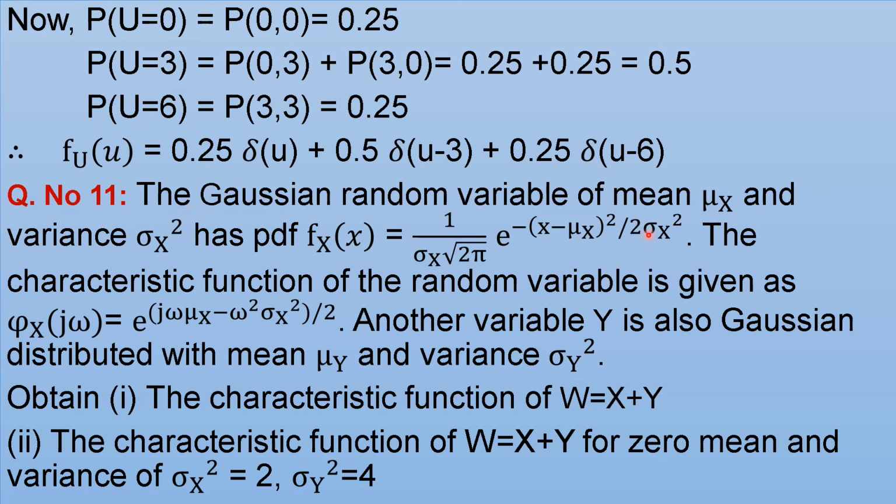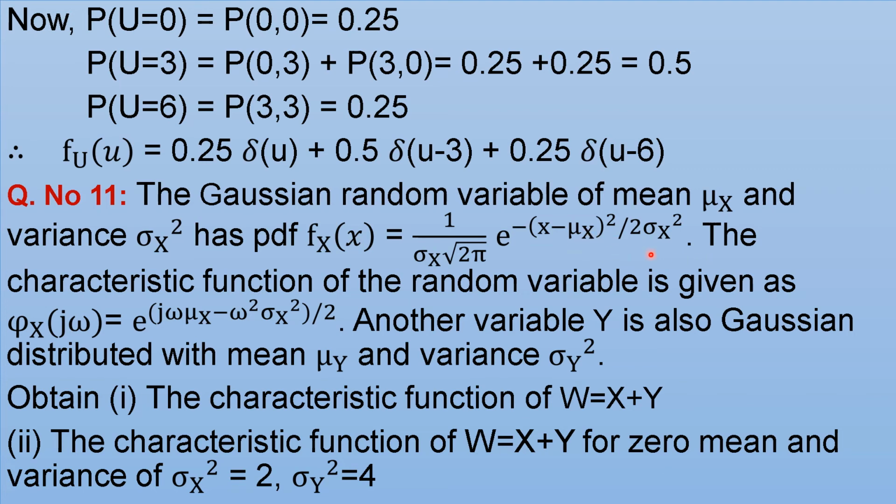Next, the Gaussian random variable of mean mu x and variance sigma x square. Here we are considering a Gaussian random variable x with the mean mu x and variance sigma x square, and that Gaussian random variable x has the probability density function fx of x equal to 1 by sigma x into root 2 pi, e power minus x minus mu x whole square divided by 2 sigma x square.